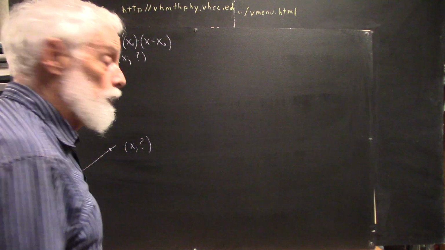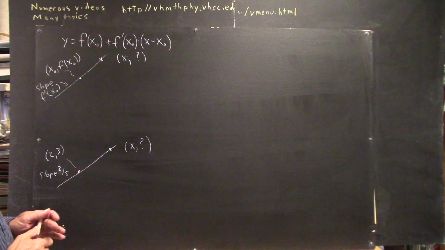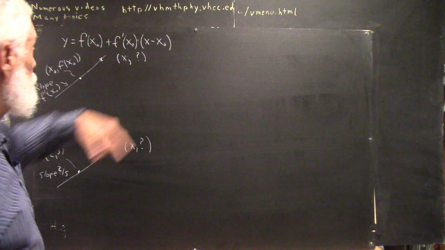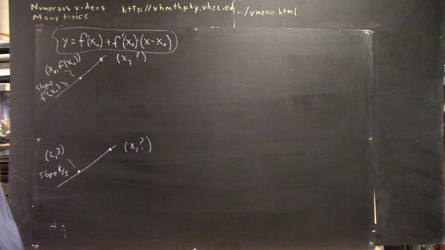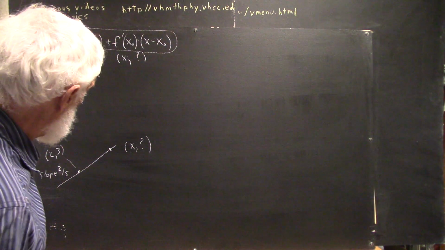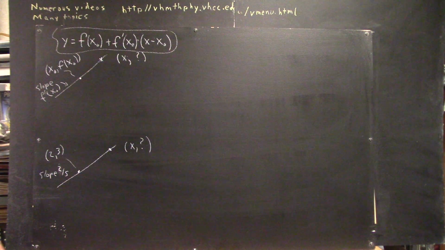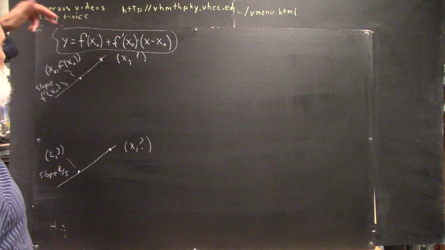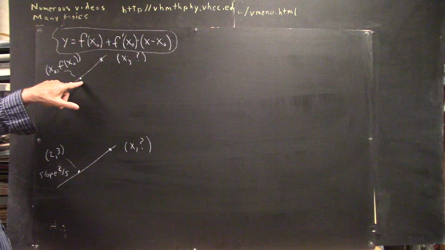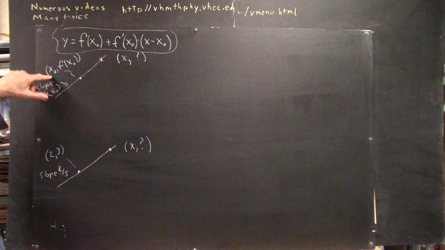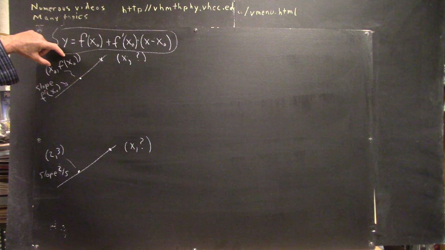Okay, the usefulness of this form that we ended the last video on is simply that it's quite intuitive once you understand what's going on with a graph. The situation this addresses is a point on a graph with coordinates x0 and f of x0.